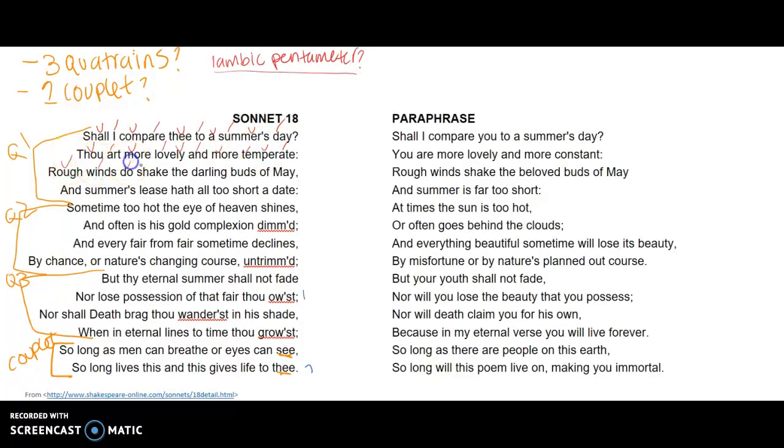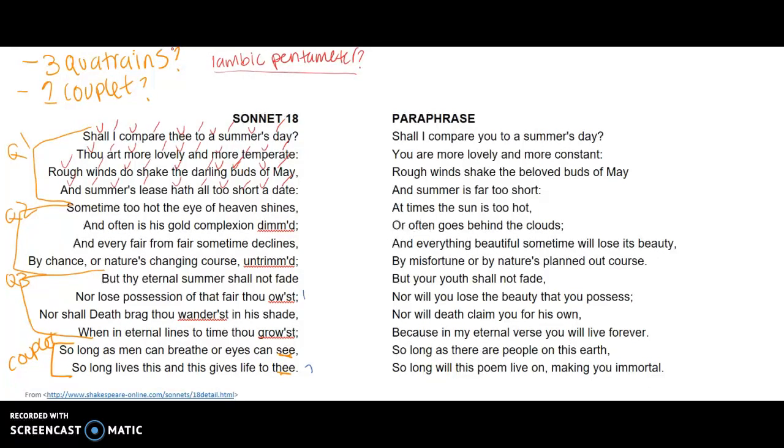Rough winds do shake the darling buds of May, and summer's lease hath all too short a date. It is no surprise that the most famous Shakespearean sonnet follows the two structural components of iambic pentameter, 3 quatrains and 1 couplet.